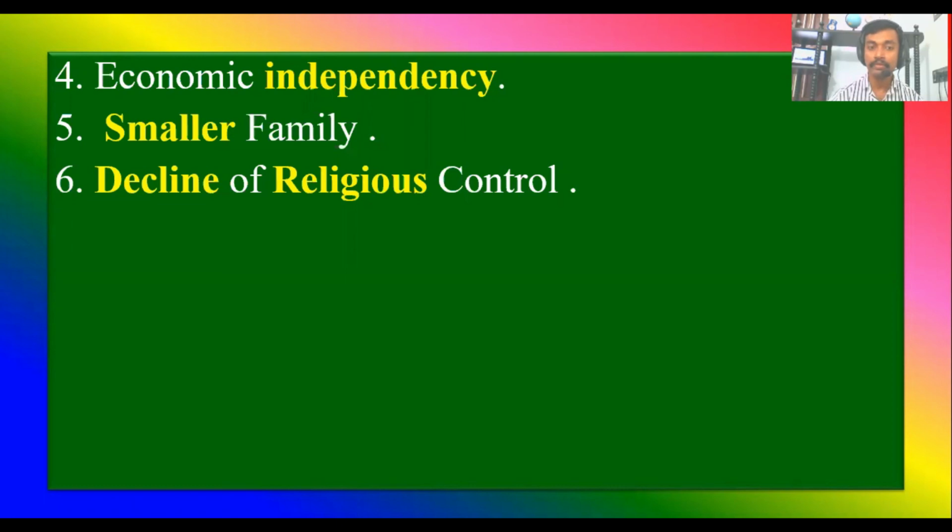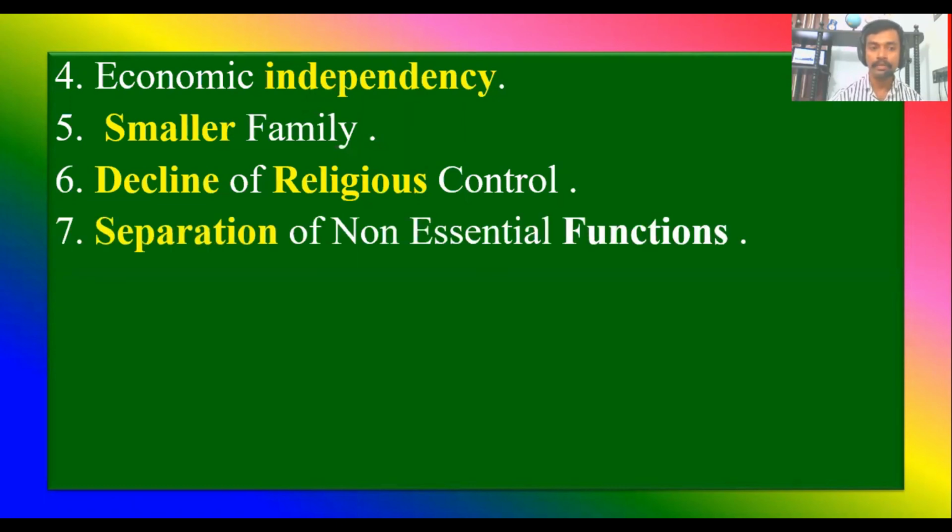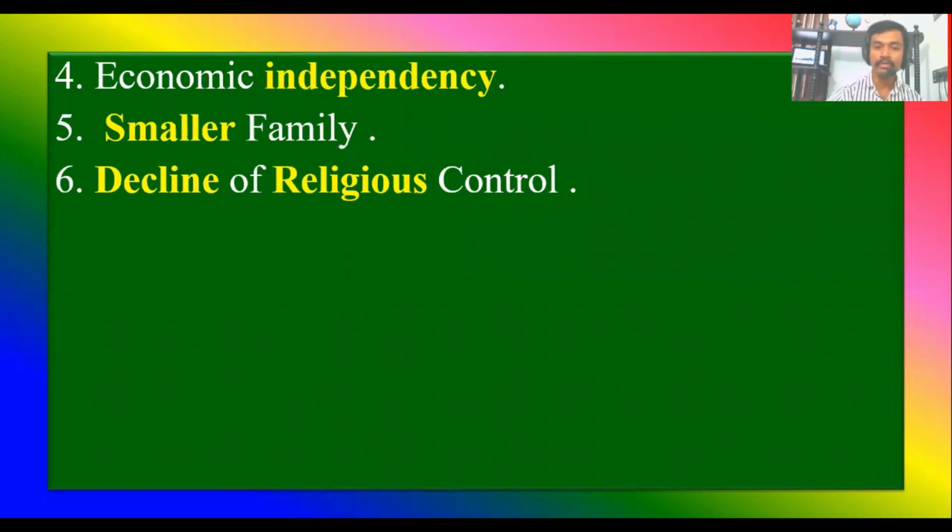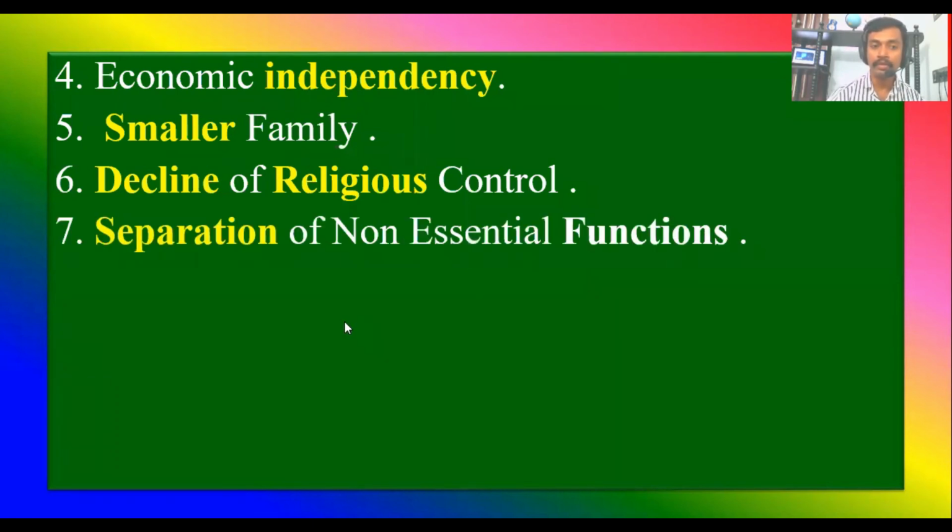So modern families are smaller families. Then decline of religious control. In olden families, every function was on the basis of religious directions. Religious leaders and priests controlled the family. But in modern days, it does not.